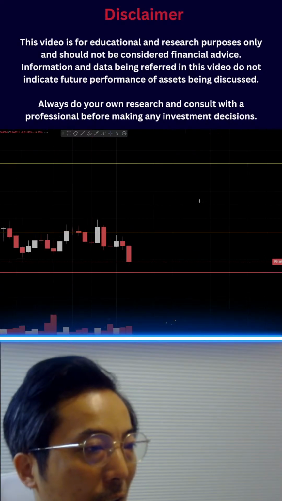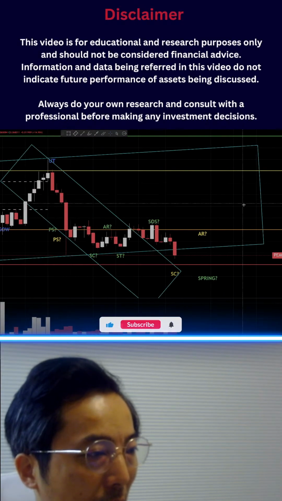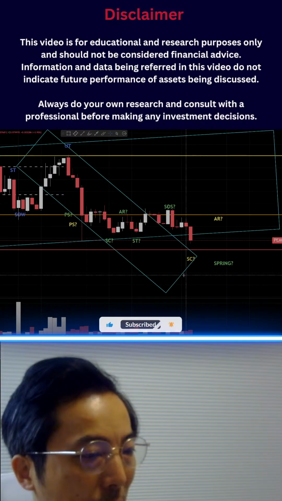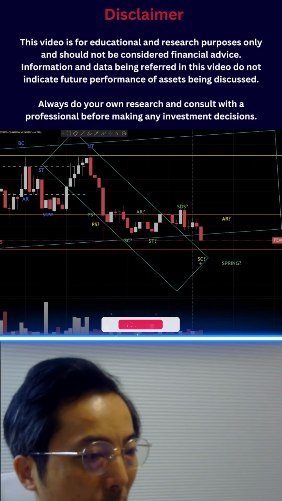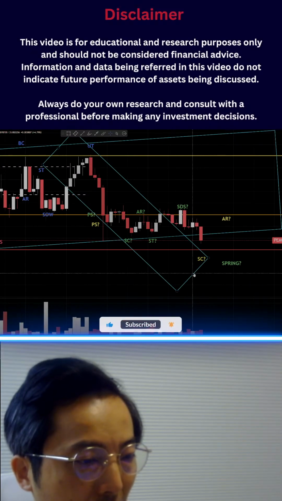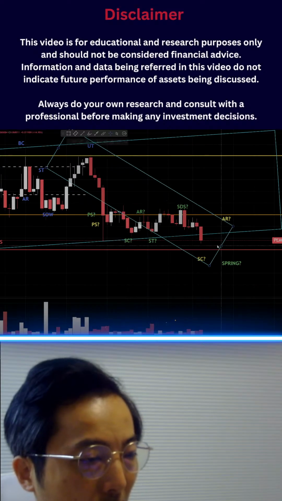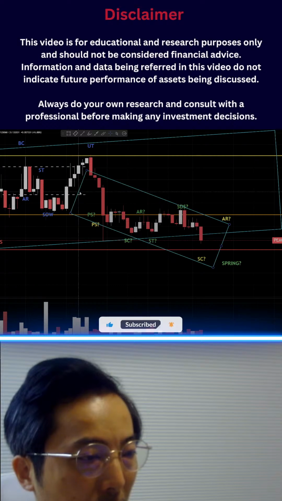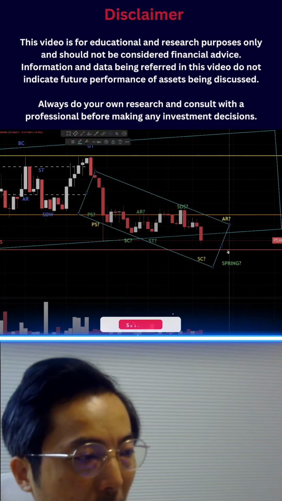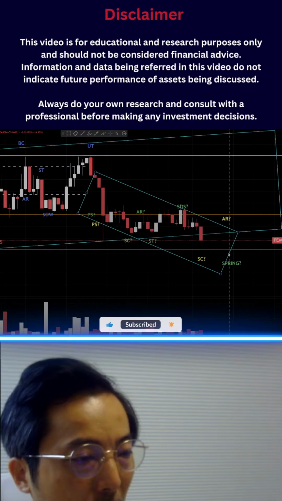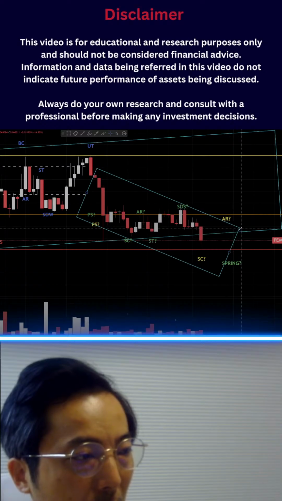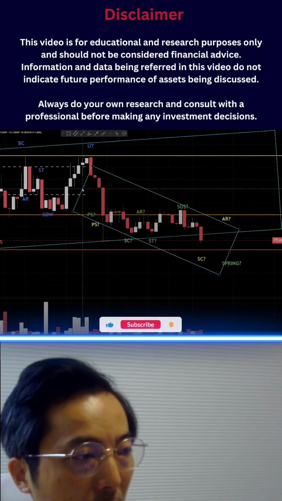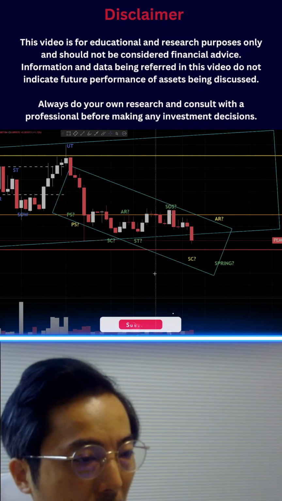Across the board, it's not optimistic. Just before we finish, because we already talked about this box, I just want to quickly adjust this to see if we can find any indication from the recent price actions. Just quickly pull this over here.